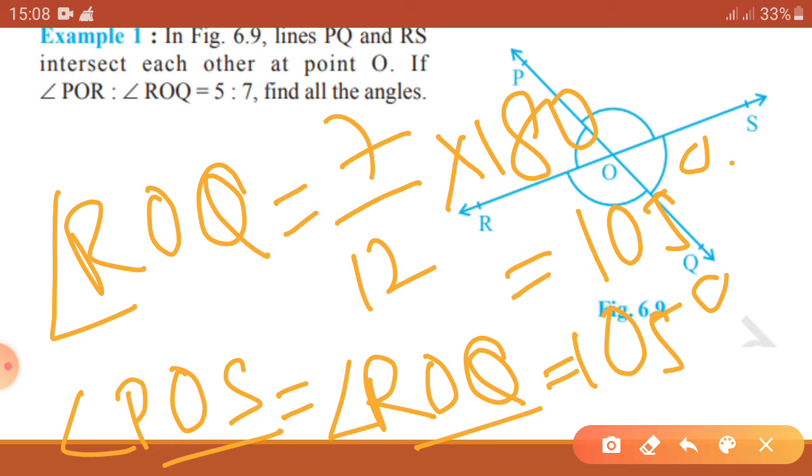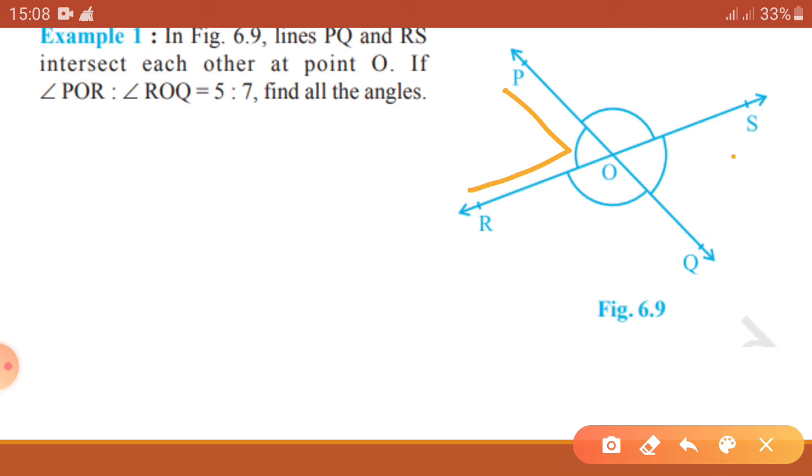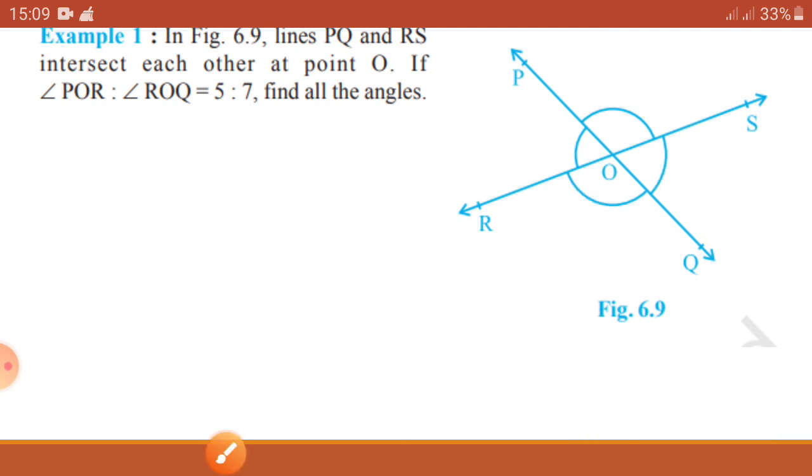For SOQ, angle SOQ and angle POR are also vertically opposite angles, so angle SOQ equals 75 degrees. So POR and SOQ are both 75 degrees, and POS and ROQ are 105 degrees. So the total sum equals 360 degrees. Got it? I think it is clear to you.